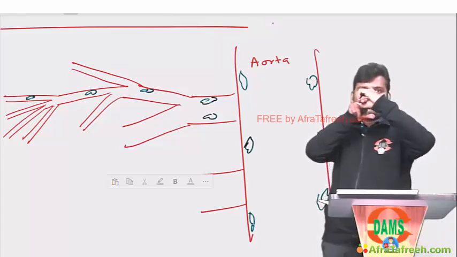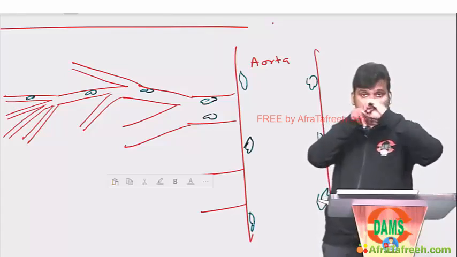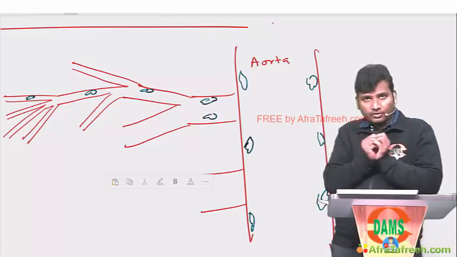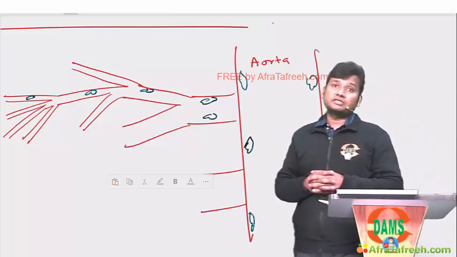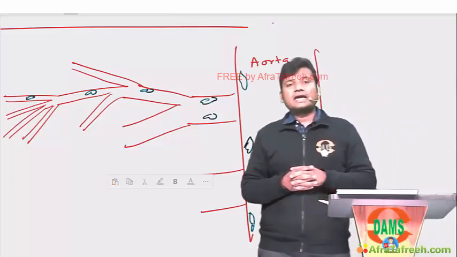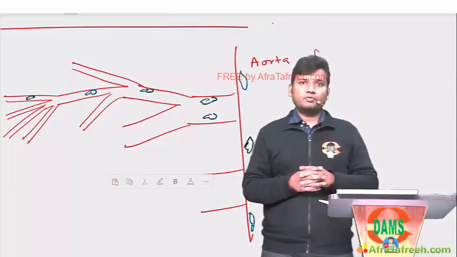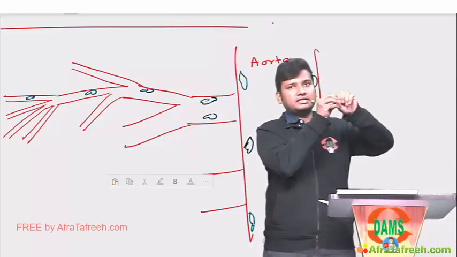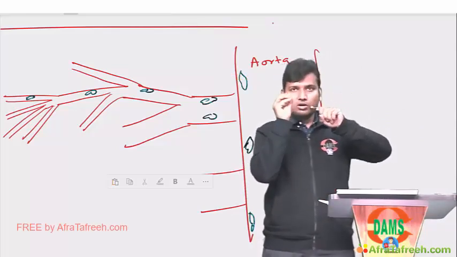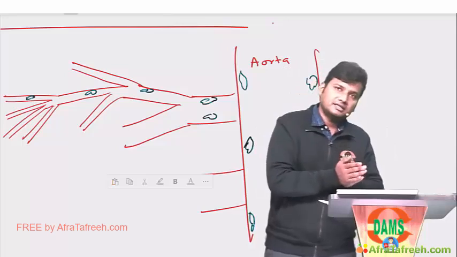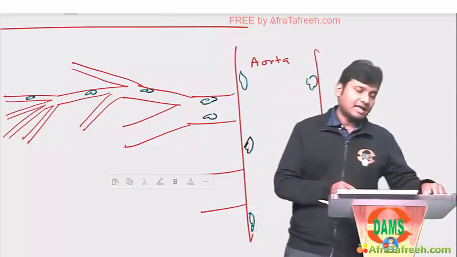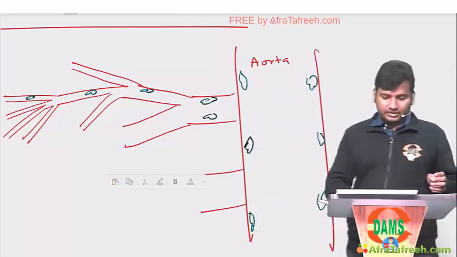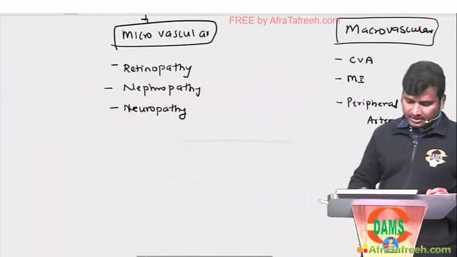So the diameter of the artery is decreased, so less blood is going towards the retina. The patient will develop ischemia of the retina. And if these glycated products block the retinal artery or small arteries supplying the retina, then there will be infarct. It is called diabetic retinopathy.